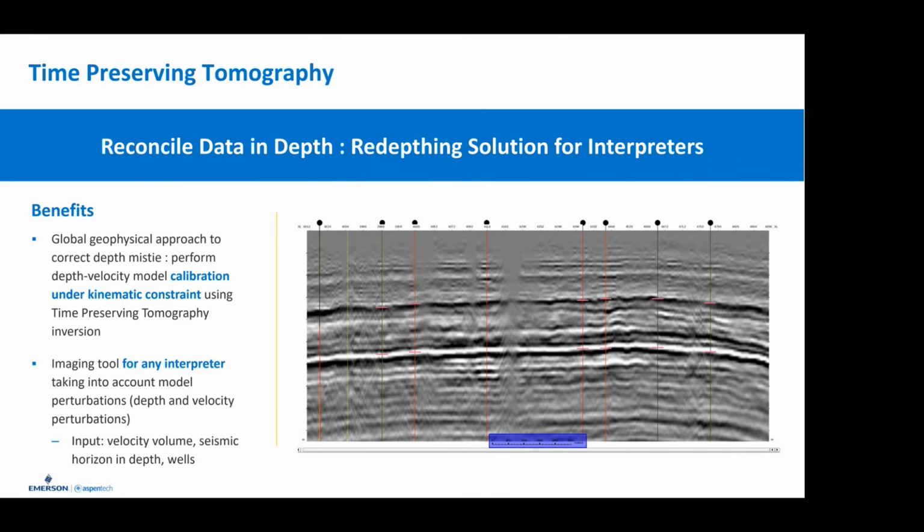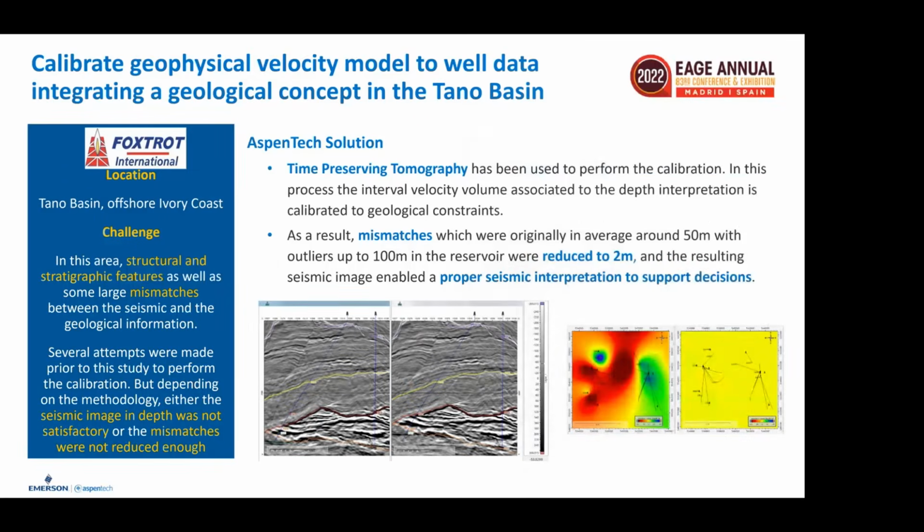The seismic you see here can be automatically generated with RTM, and again, we're going to talk about it a bit later. With TPT, we're just producing new velocity and new depth maps, and later on we can do a PSDM if we want, or we can do RTM, demigration, remigration, and again, we're going to talk about it a bit later.